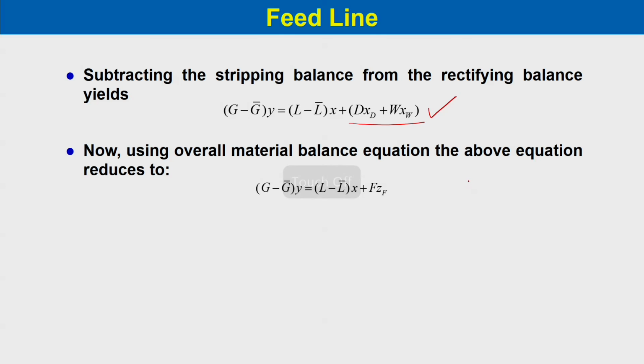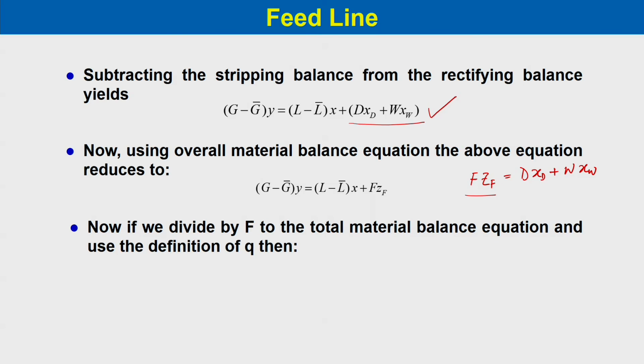The overall balance equation is F ZF would be equal to D xD plus W xW. So, if we substitute F ZF here, this equation will reduce to G minus G bar into y is equal to L minus L bar into x plus F ZF.